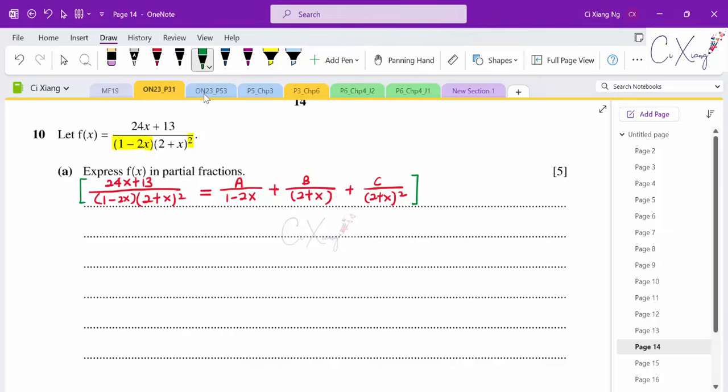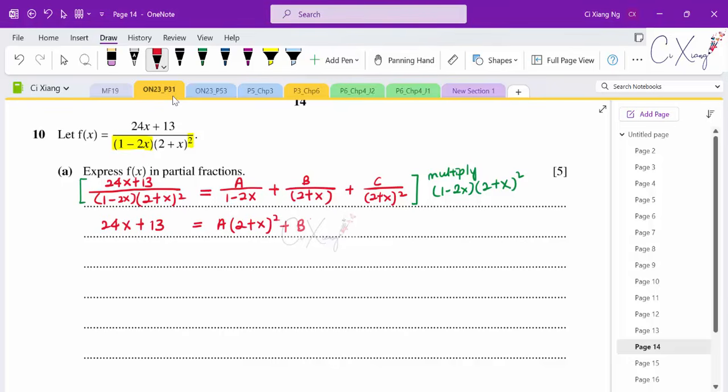That means for the whole equation, I multiply it with 1 minus 2x and also 2 plus x squared. Of course, we can then make all the denominators disappear. So I'm having 24x plus 13 equals A, cancel off the 1 minus 2x with 1 minus 2x, therefore A multiplied with 2 plus x squared.